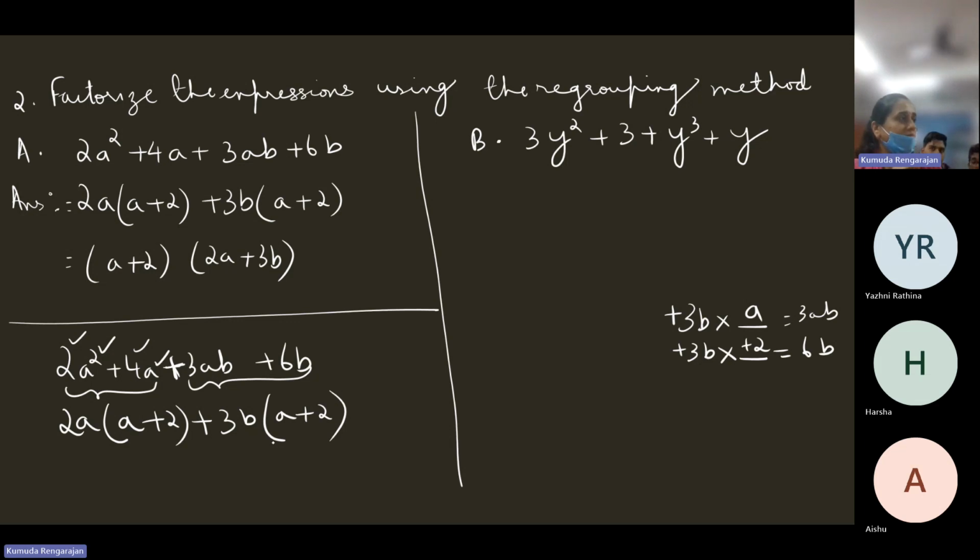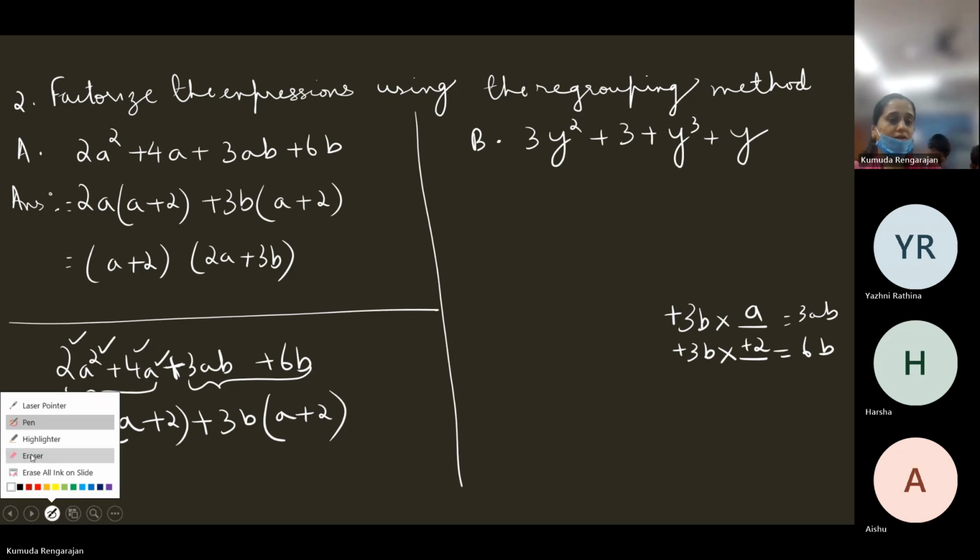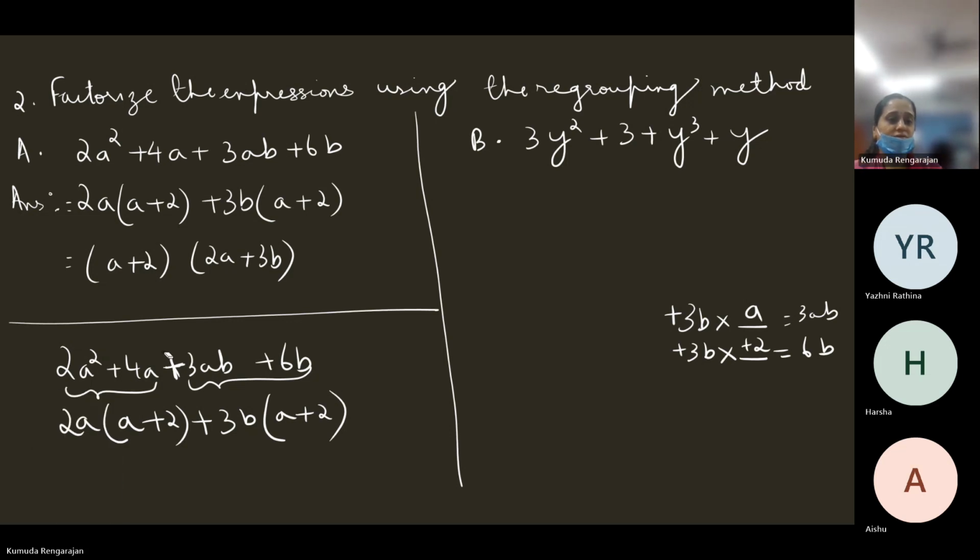You should rearrange the terms, meaning group them in a different order, and try it. But here we have the same expression in the two brackets. So next step is to write this expression once, a plus 2. Write it out once. And then 2a plus 3b. Put it in another bracket like this.